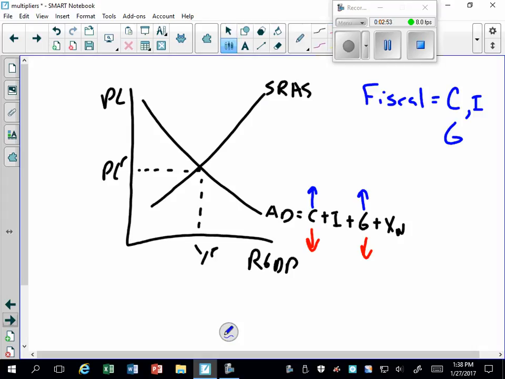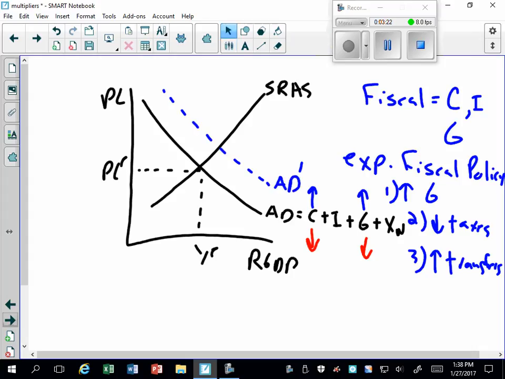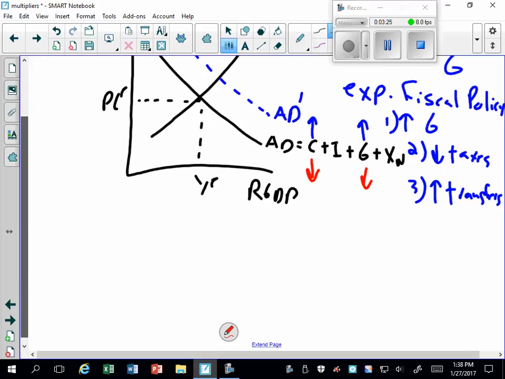If you do what's known as expansionary fiscal policy, I'm getting a little messy here, that would be increasing government spending, decreasing taxes, increasing transfers, and that would cause C and G to increase. Aggregate demand moves to the right. If you do what is referred to as contractionary fiscal policy, you're trying to slow the economy down.